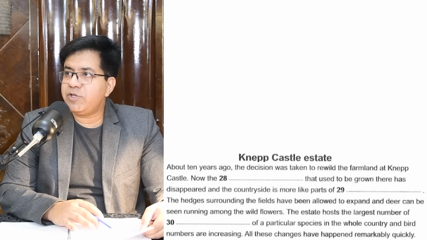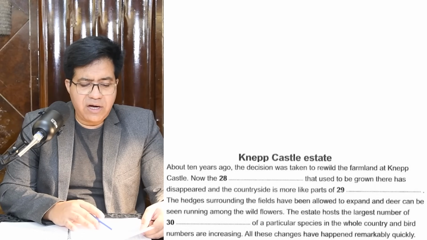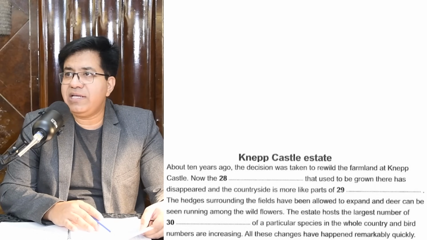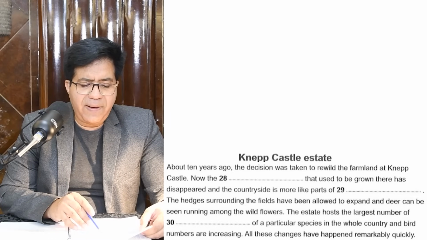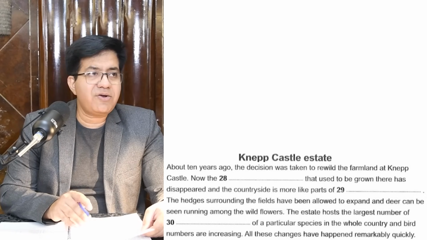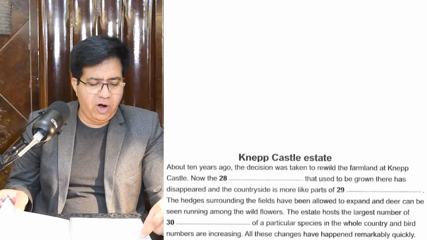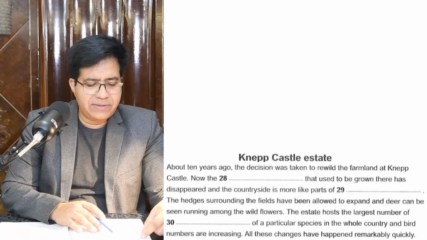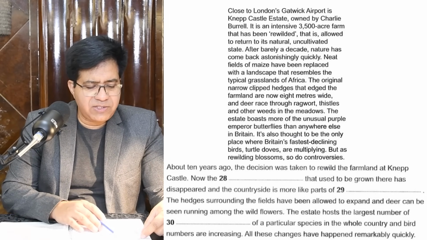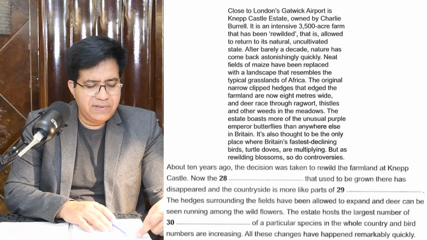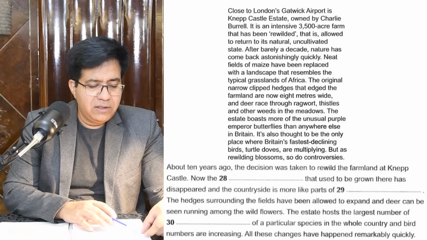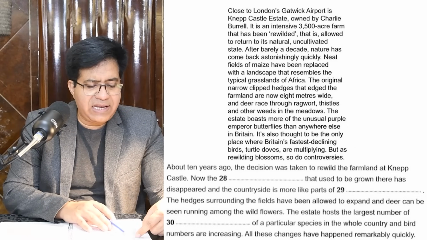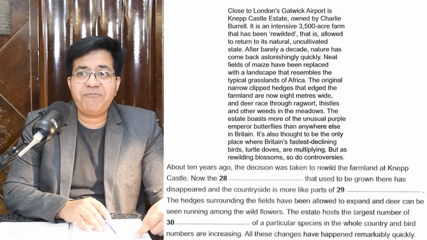Now, we read question number 29. And the countryside is village area, rural area. And the countryside is more like parts of dash. Countryside is more like parts of what? I'm reading after maize. Maize have been replaced with a landscape that resembles, means more like, the typical grasslands of Africa.